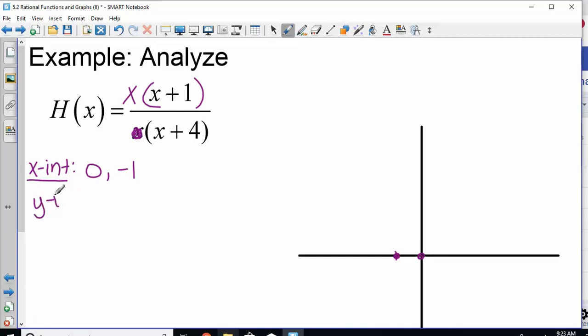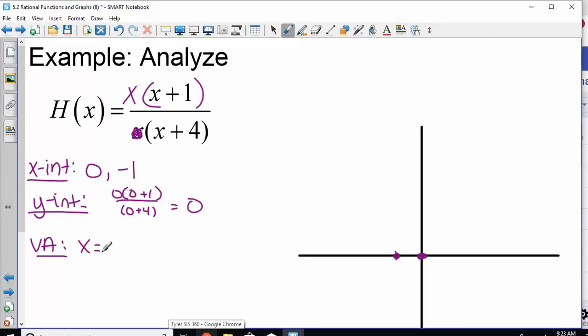Y-intercept. If you plug in a 0 for all of your x's, you get 0. Vertical asymptote. What makes the bottom 0? x equals -4.